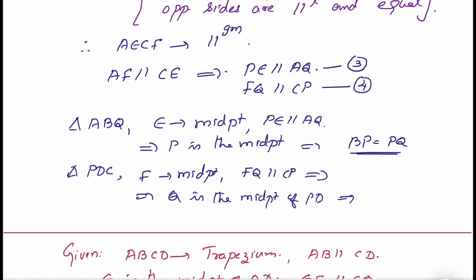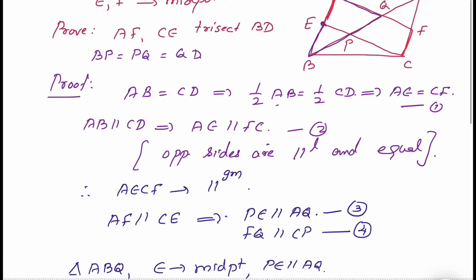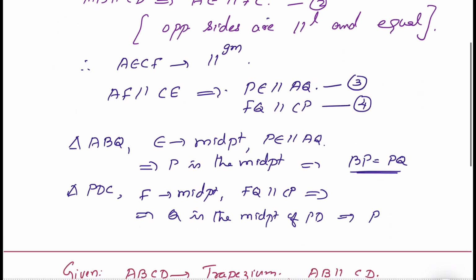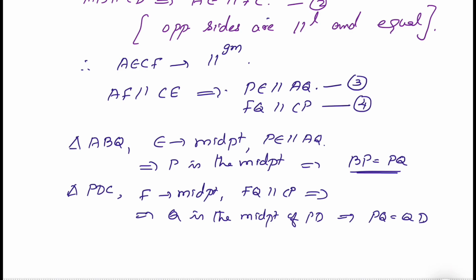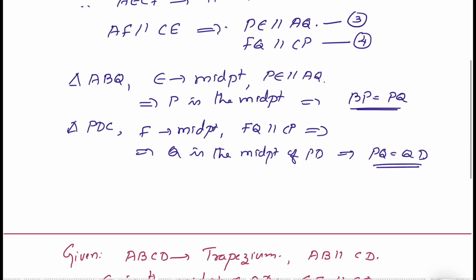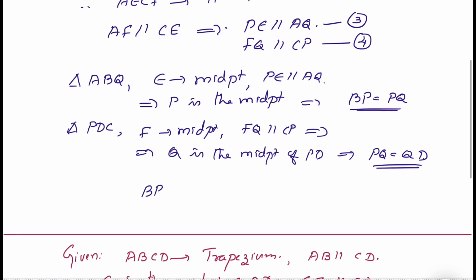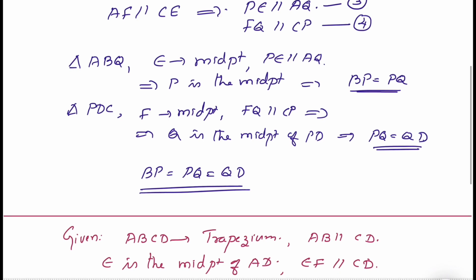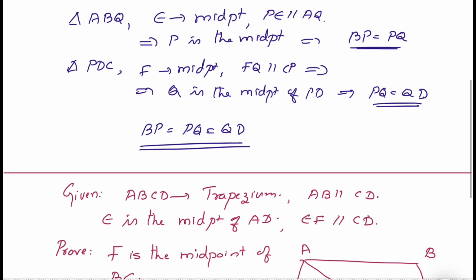So that means you can say PQ equal to QD. So from this you can write BP equal to PQ equal to QD. So that's what we have to prove. The diagonal is trisected by the other two lines.